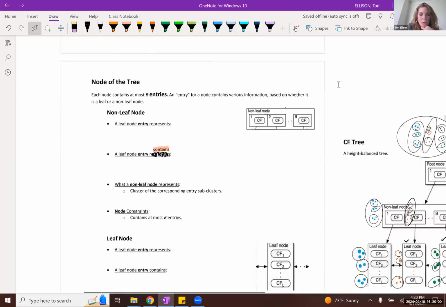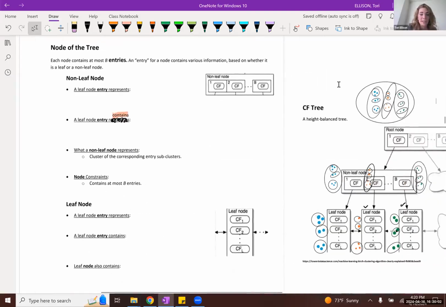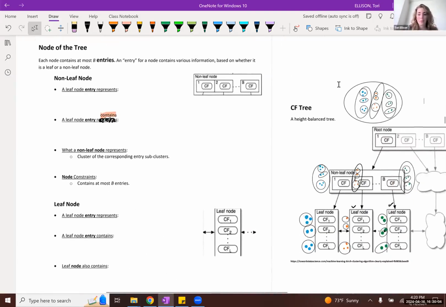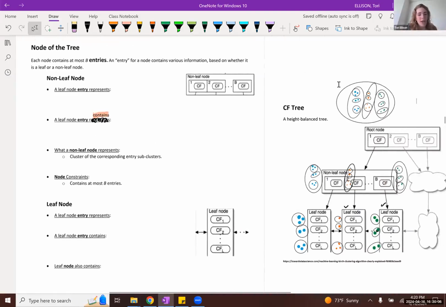So let's talk a little bit more about what this CF tree is actually recording. Let's start at the leaf nodes. As we mentioned, a leaf node entry represents a particular subcluster of observations which have been read into the tree that we have currently identified.